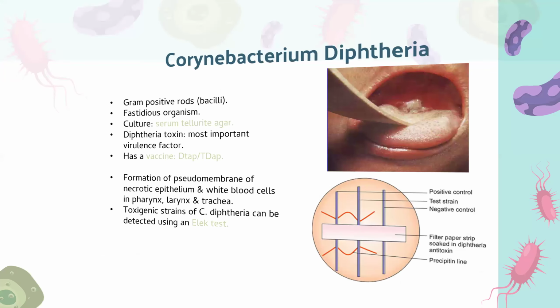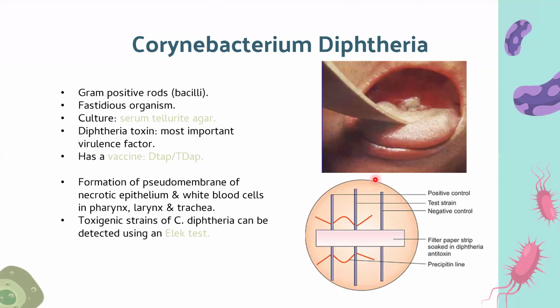Okay. So the Elek test is used to determine, okay, now I know that this is C. diphtheriae. I know already. But I'm not sure if this strain that this patient is infected with has the exotoxin, the diphtheria toxin, or not. Because not every single Corynebacterium diphtheriae is positive for the toxin.